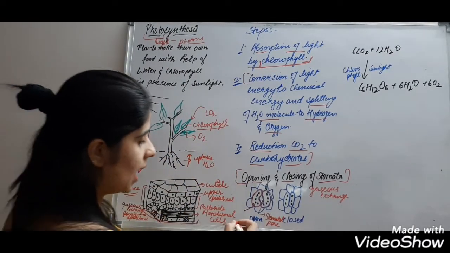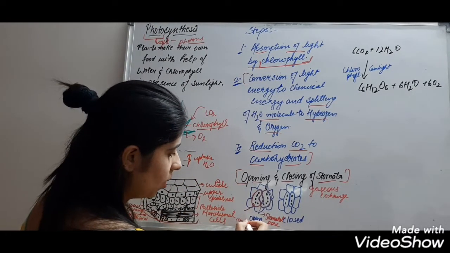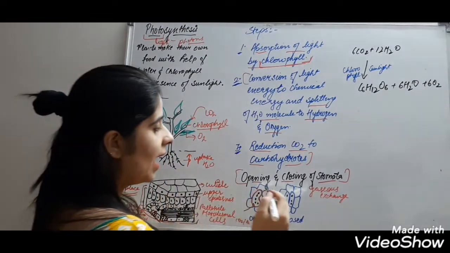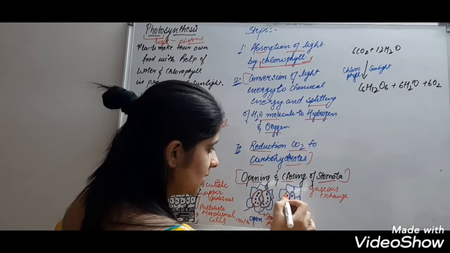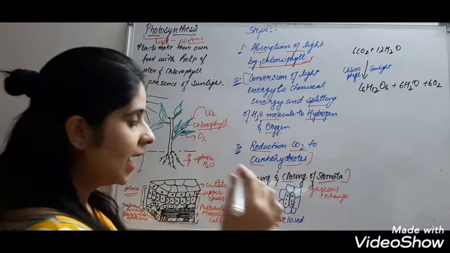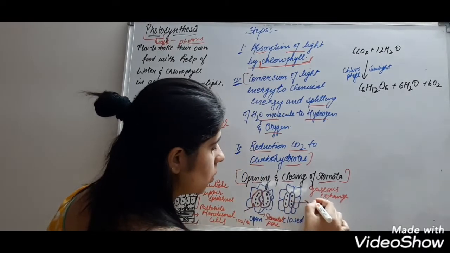From here, the carbon dioxide and oxygen exchange, and when the guard cells lose all the water and become flaccid, the stomatal pore is closed.